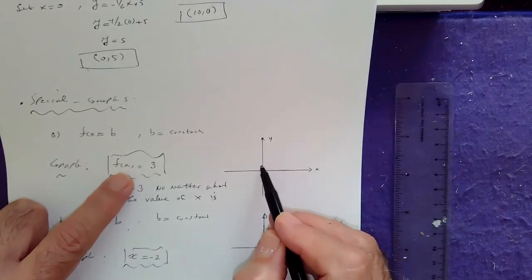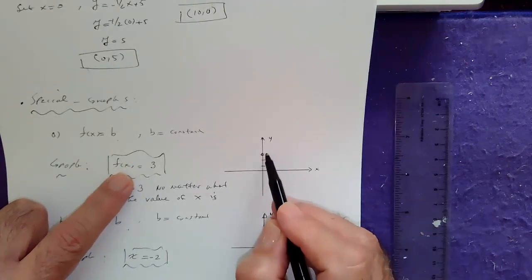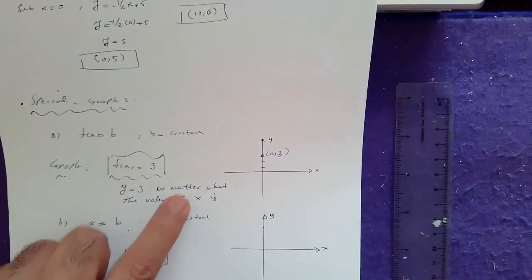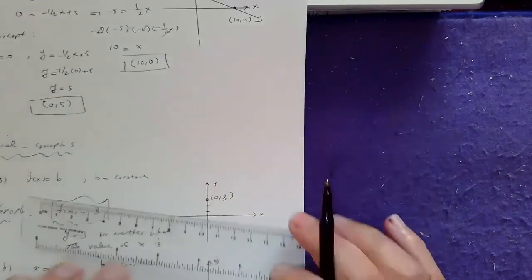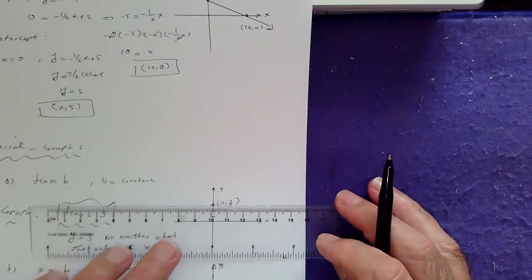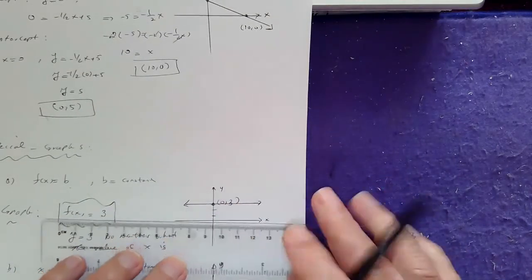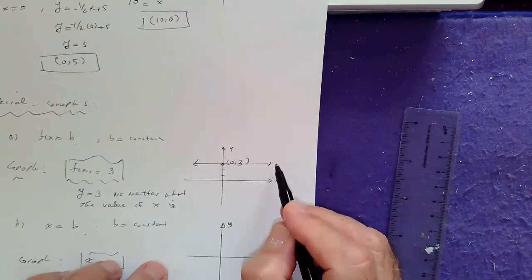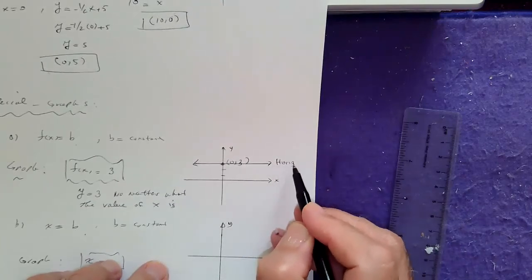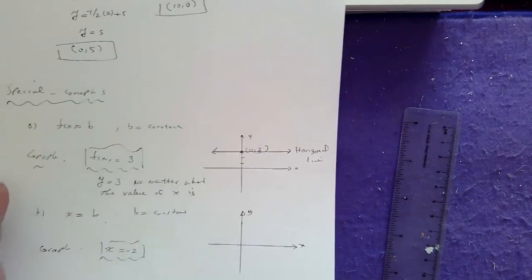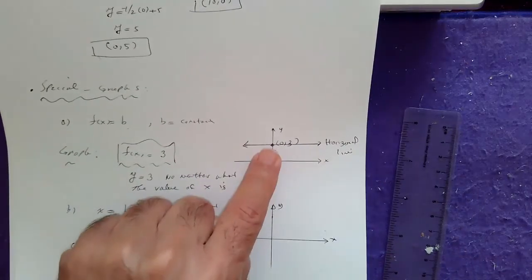So you go up 3 on the y-axis, right about here. Since x can be any real number, you can go sideways, either way, forever. So there it is. This kind of line is called a horizontal line or flat line. Later on in the upcoming sections, we'll see the slope of this line is 0.